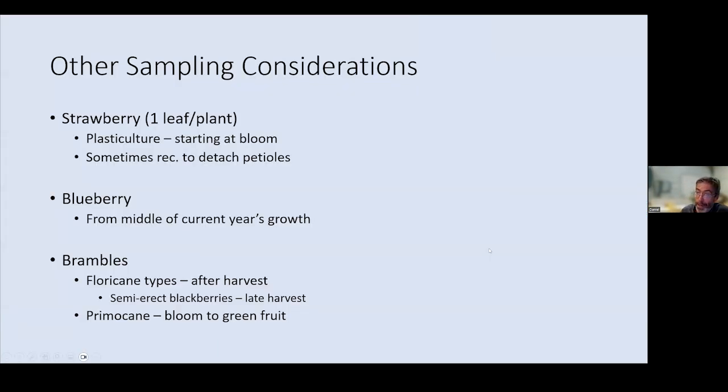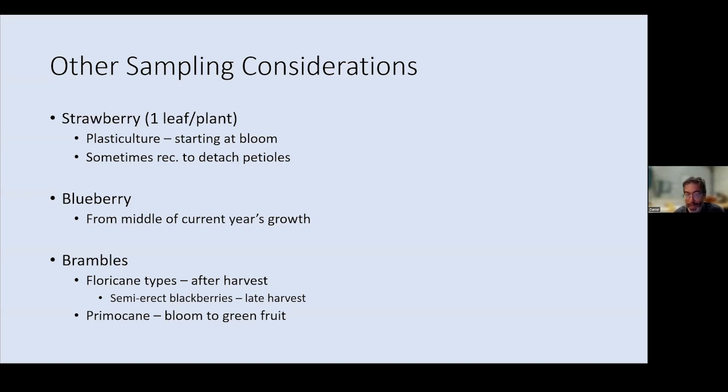Other sampling considerations, according to other recommendations or guides, include strawberries: selecting only 1 leaf per plant, and for plasticulture strawberries, starting at bloom. It's sometimes recommended to detach the petioles as you're sampling and then include those petioles in the sample bag. For blueberry, sample from the middle of current year's growth, like apples.